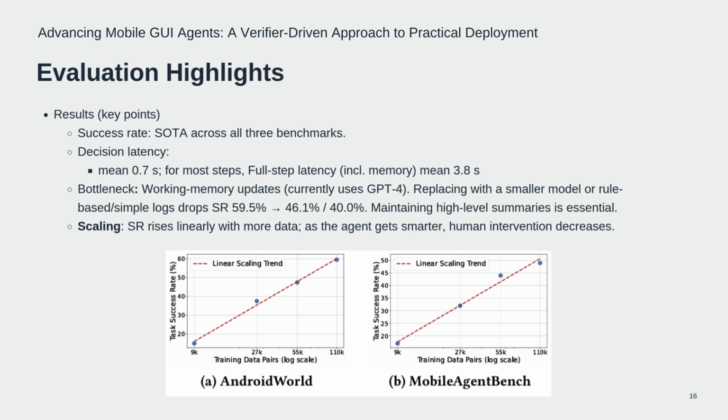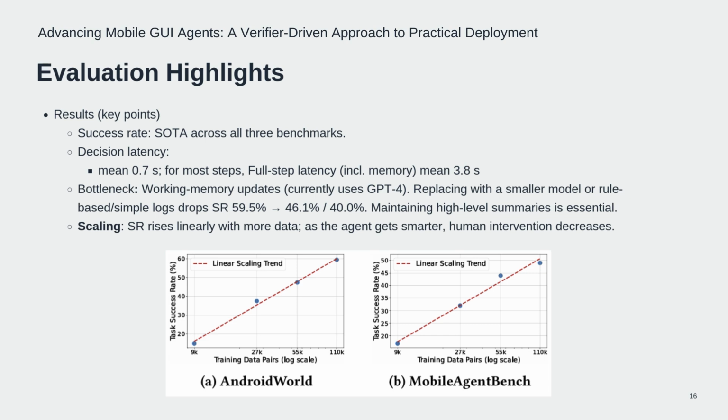They saw this during the iterative annotation when they increased the training dataset from 9K to 27K to 50K to 110K steps. The verifier's performance kept improving in a near linear trend, and it hasn't flattened yet at 110K. This suggests that if they continue to gather more diverse task data, they can expect further gains.